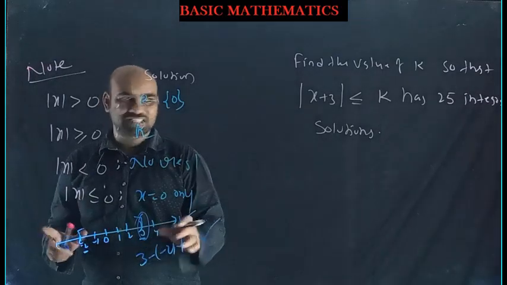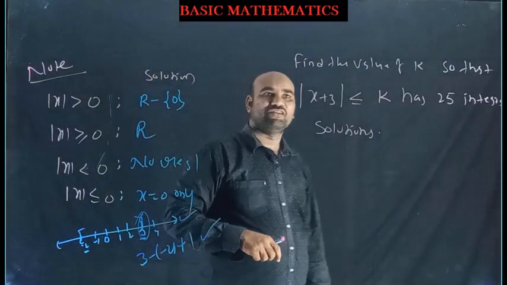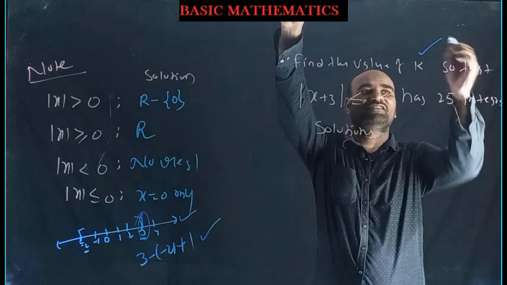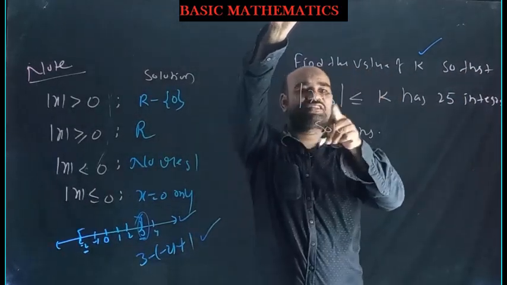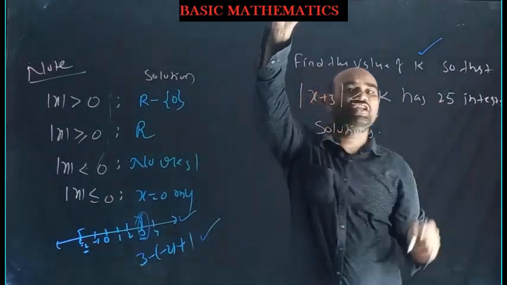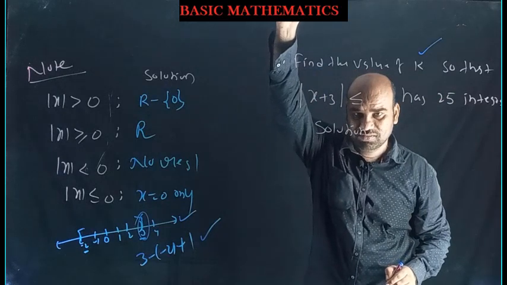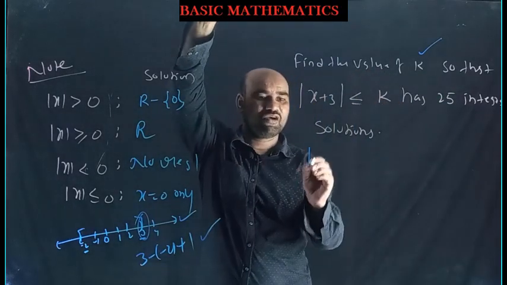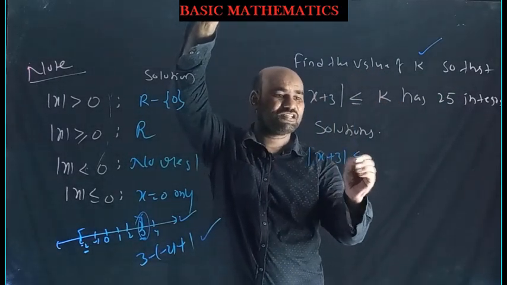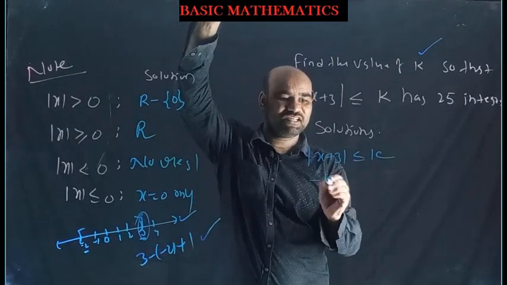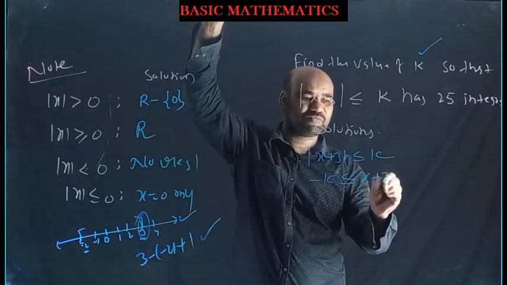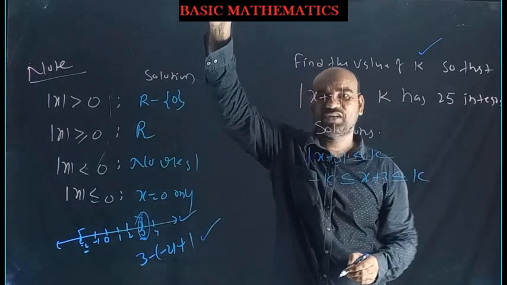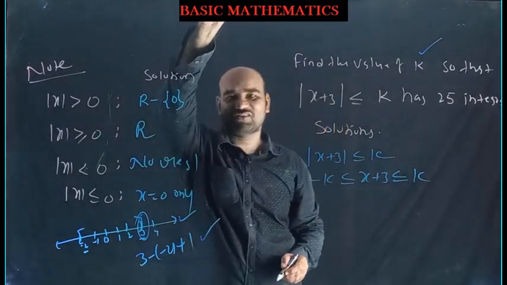So based on this concept, we want to solve this problem. Find the values of k so that mod of x plus 3 lesser than or equal to k has 25 integral solutions. Observe here, mod of x plus 3 lesser than or equal to k. So minus k lesser than or equal to x plus 3 lesser than or equal to k, by the definition of mod x less than or equal to a.